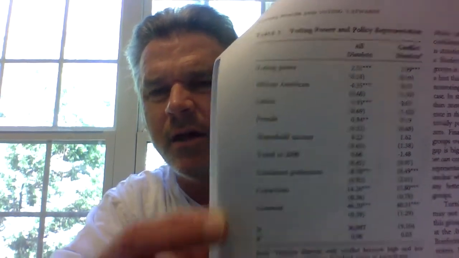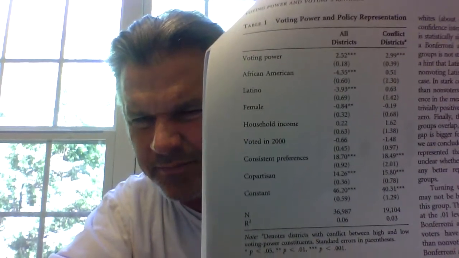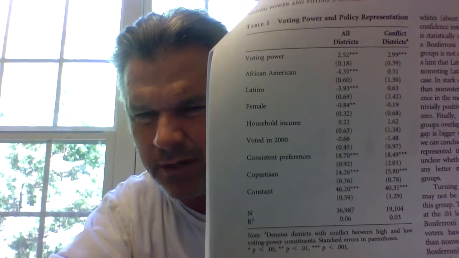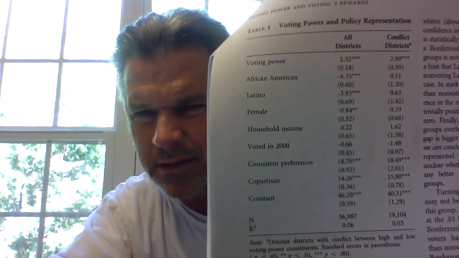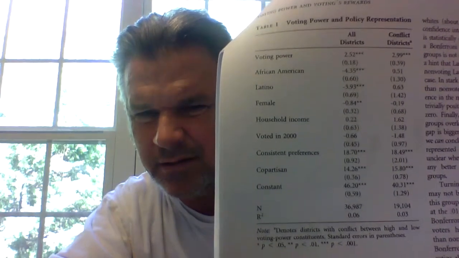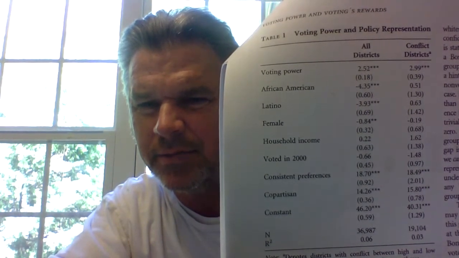Now this second column, conflict districts, as it says, denotes districts with conflict between high and low voting power constituencies, standard errors in parentheses, just like always. And voting power matters there as well, as do consistent preferences and co-partisan.